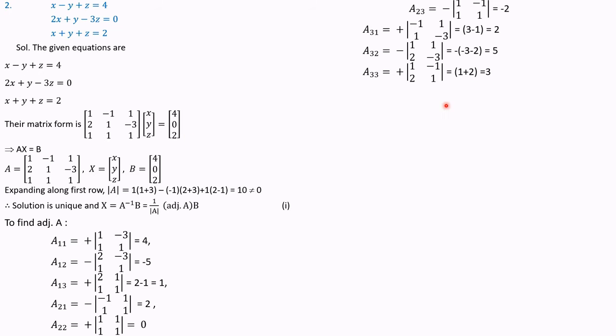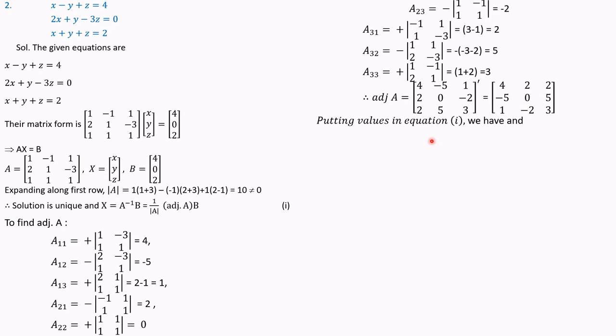So we have found all the elements of the cofactor matrix. So adjoint A is equal to 4 minus 5 1, 2 0 minus 2, 2 5 3. That is the transpose, we have to take the transpose.